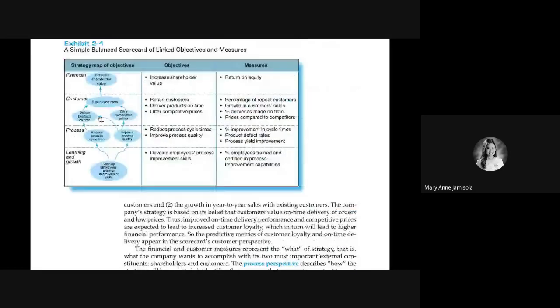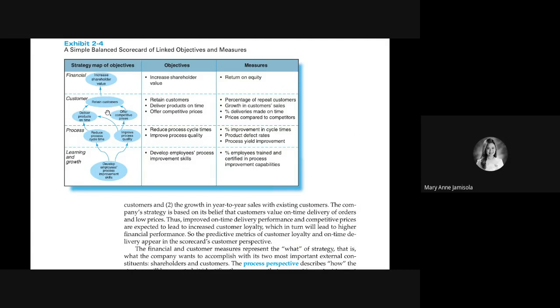Okay, so if you notice, the structure of our balance scorecard is like from general to specific. So for example, for financial, how much shareholder value do we want to achieve? And then you dig deeper. So in order to achieve that, what do we need to do with our customers?